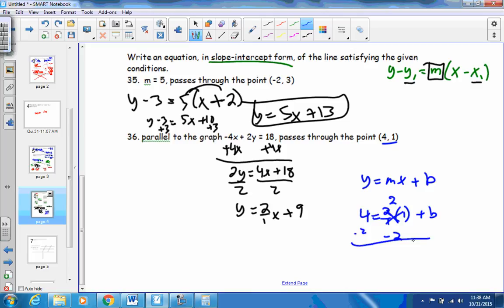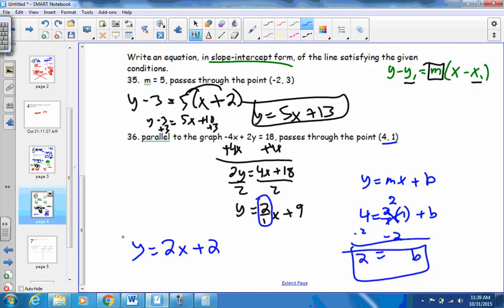The b equals 2. Now we've got our b, we've got our slope. So y equals 2x plus 2. All right, there's our equation in slope-intercept form. Hopefully you didn't get lost there. Feel free to pause it and go back and look at it again, or do it a different way.